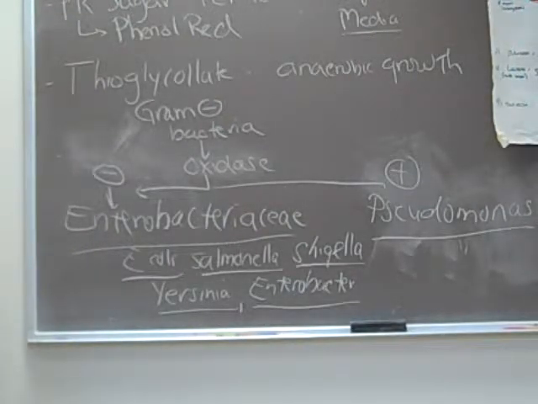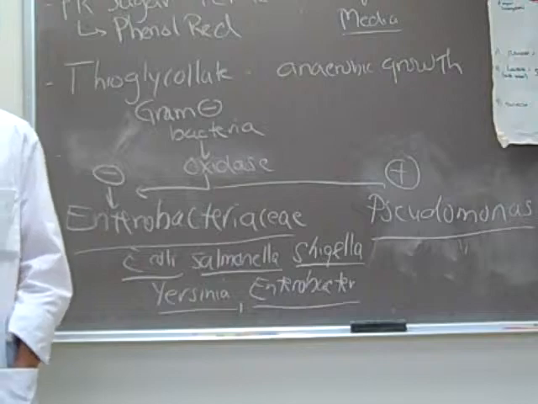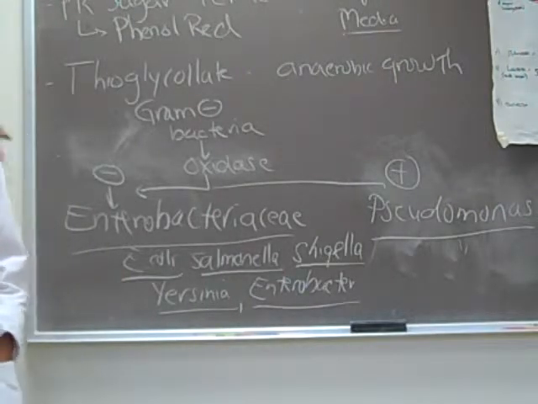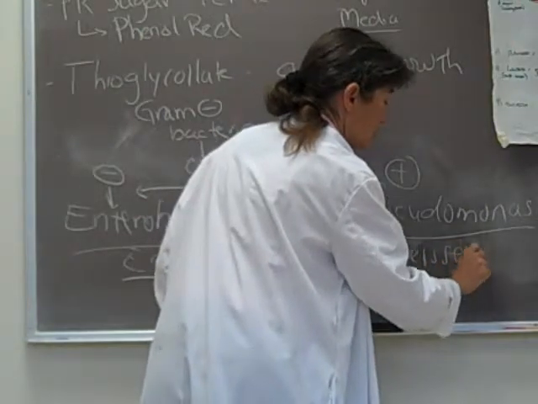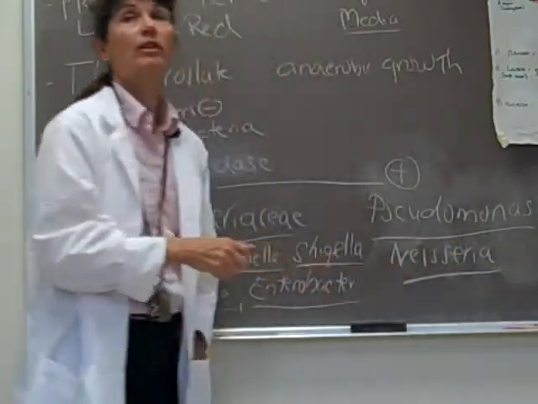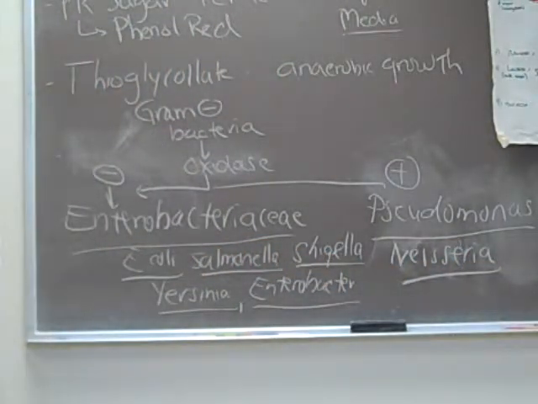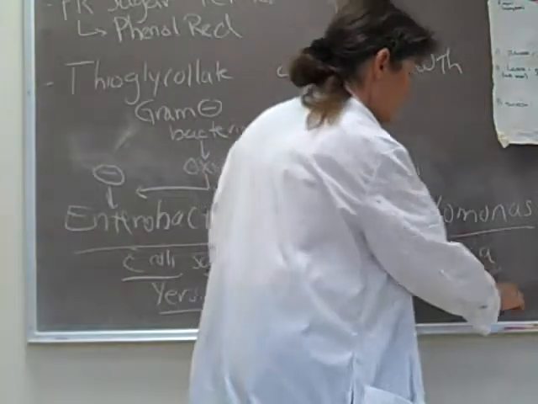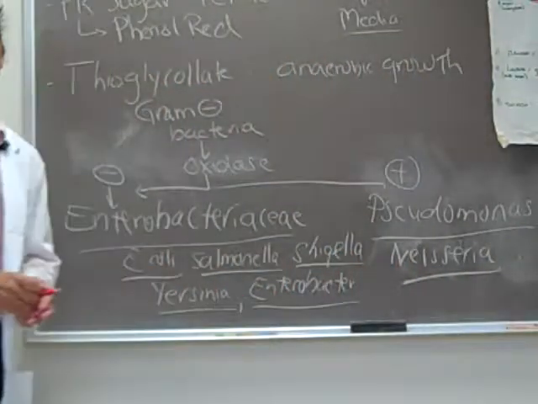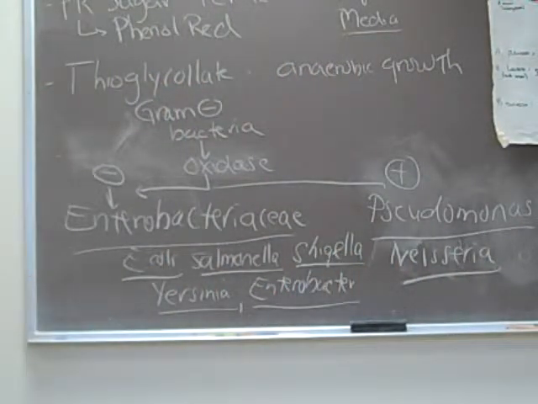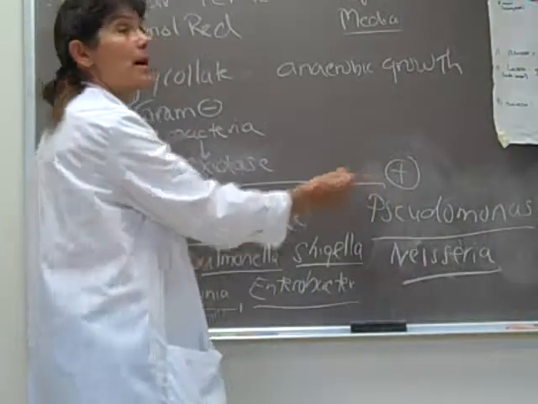And another group of gram-negative bacteria that are important pathogens are the Neisseria. So Neisseria gonorrhoeae that causes gonorrhea, Neisseria meningitidis that causes bacterial meningitis. They are also gram-negative. They're little diplococci. Hopefully you wouldn't confuse them with, say, E. coli, but they too are going to be oxidase positive.